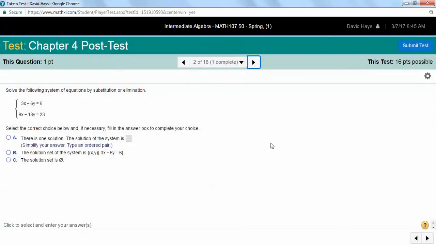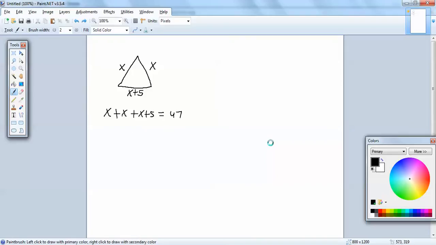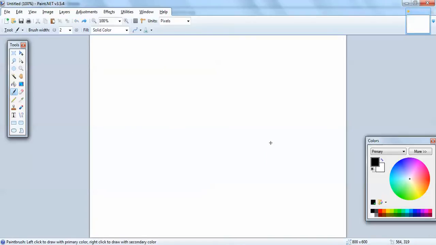Solve the following system of equations by substitution or elimination. So let me clear this off. I think I screwed up my image.